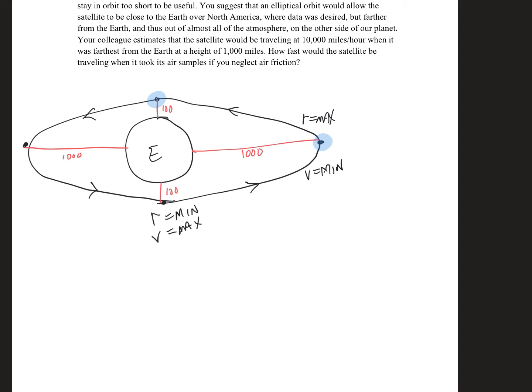And in this case, they're extreme conditions, minimum and maximum, in this case height versus speed. And so when we write our energy balance, we can say, for energy, high, low.